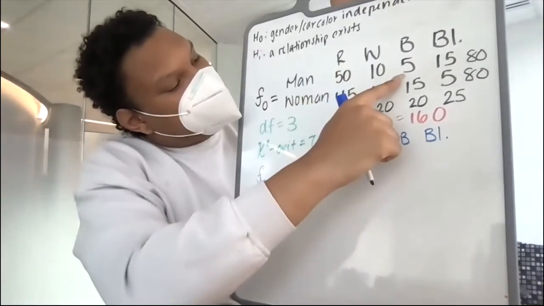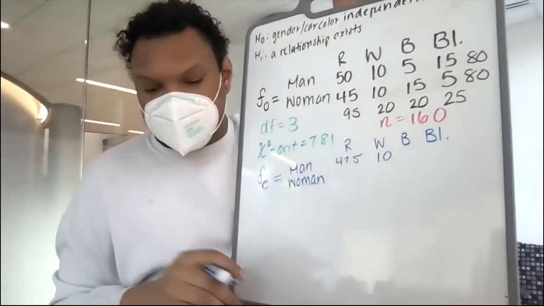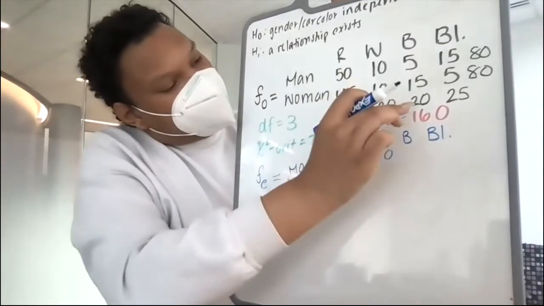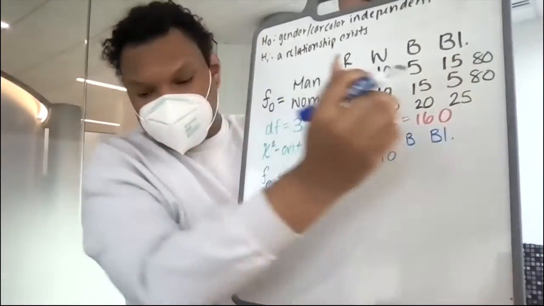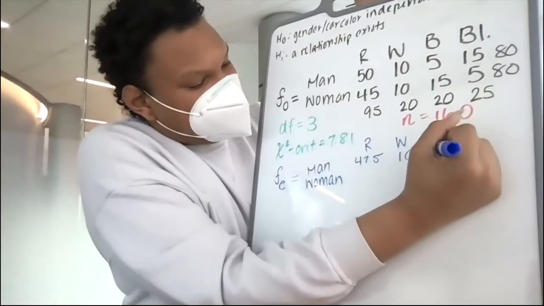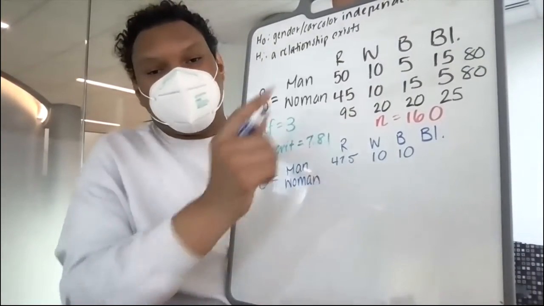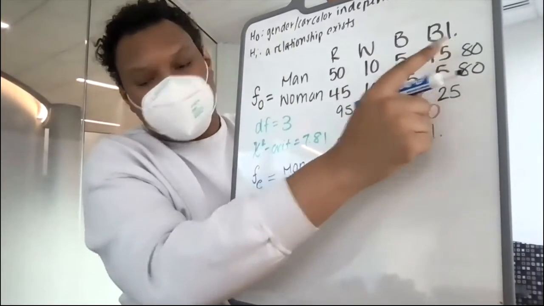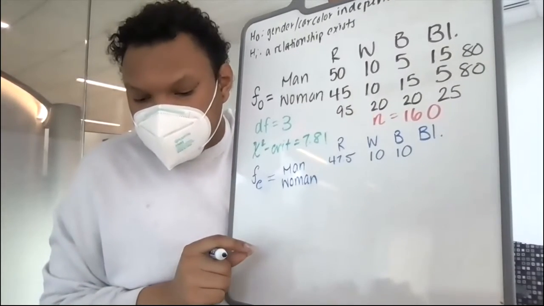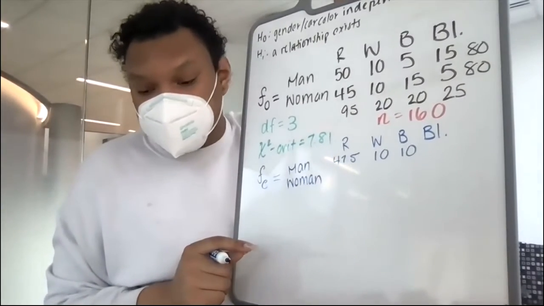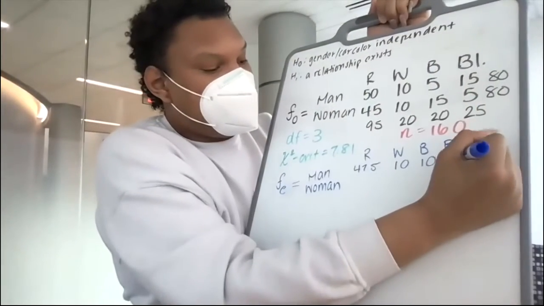Next, we'll do our black cars. In this situation, we also do 20 times 80 divided by 160, giving us 10. Moving on to the blue cars, we do 25 times 80, which gives us 2,000, divide that by 160, giving us 12.5.